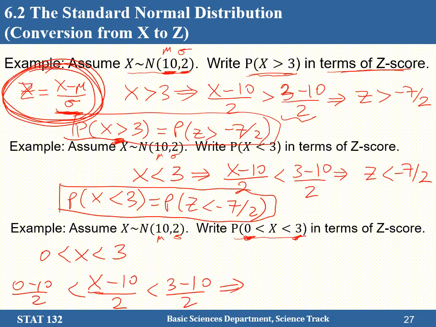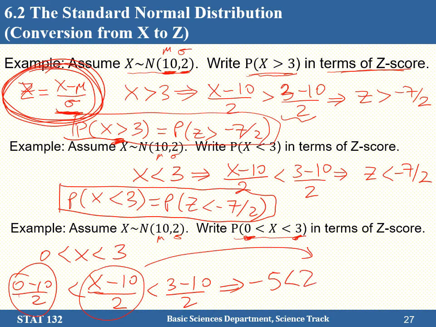In this case, this becomes Z now. So you say this is negative 5 less than Z, and this becomes negative 7 over 2. So you write here that the probability that 0 is less than X and X is less than 3 is equal to the probability that Z is bigger than minus 5 and less than negative 7 over 2.